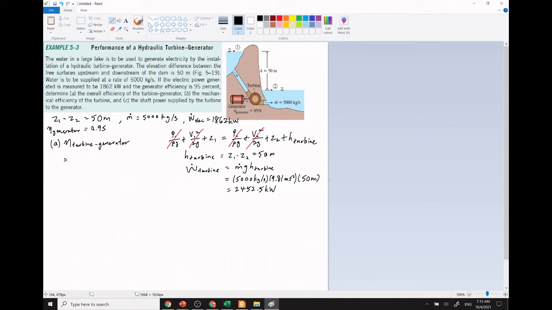So what can we do here? We must take the power of electricity generated over the power given to the turbine. Alright, so in this case we have 1862 kilowatt divided by 2452.5 kilowatt.